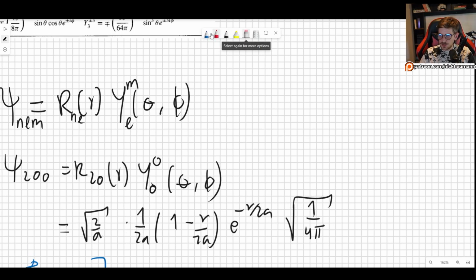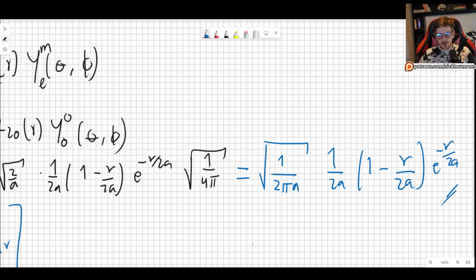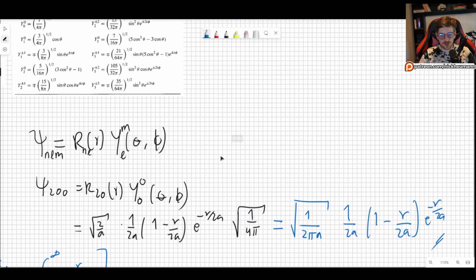So I'm just going to write it right here. So this would be the square root of 1 over 2 pi a, right? And then I guess that's all we can really simplify. So then we have 1 over 2a, 1 minus r over 2a, e to the minus r over 2a. So there we go. That is the wave function 2, 0, 0.